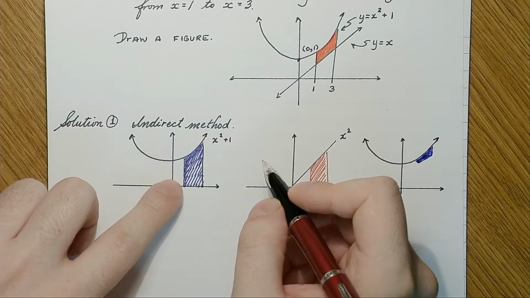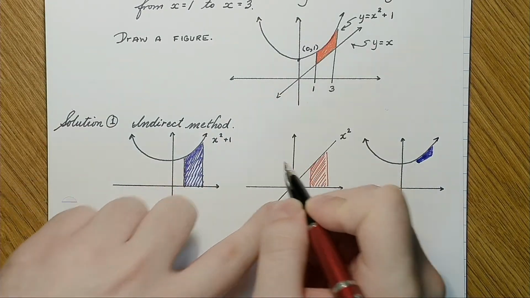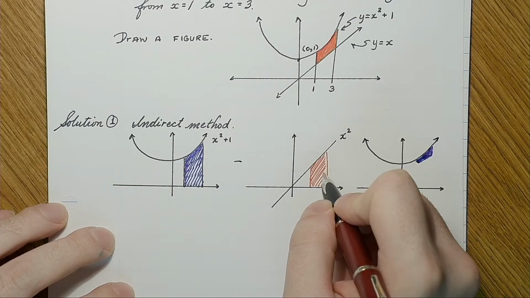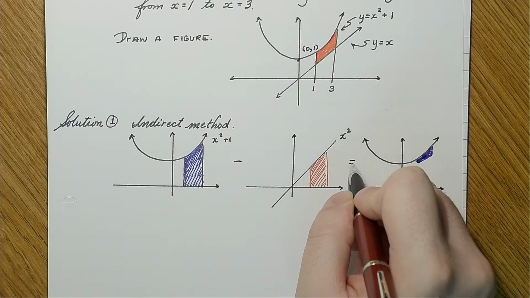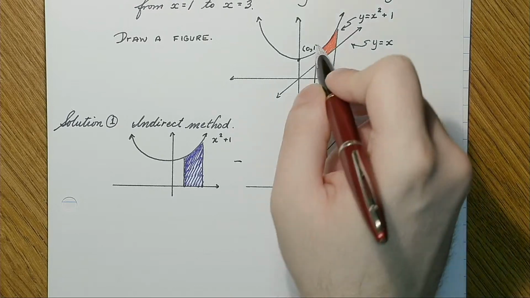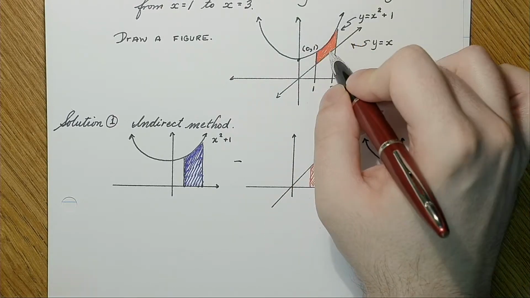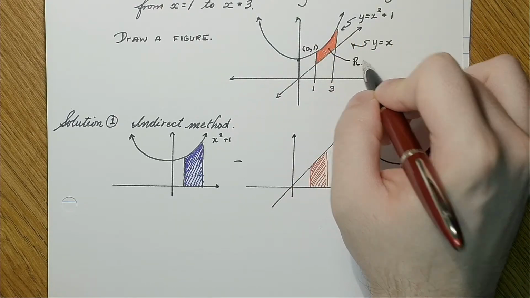So the idea is that I have this total amount of area. I'm going to subtract what's underneath this area here, so that I should just get the area that I want, which is this region R. So I'll call that R.